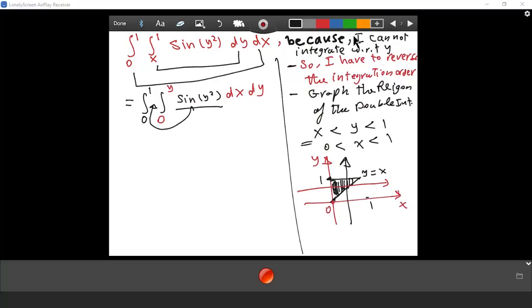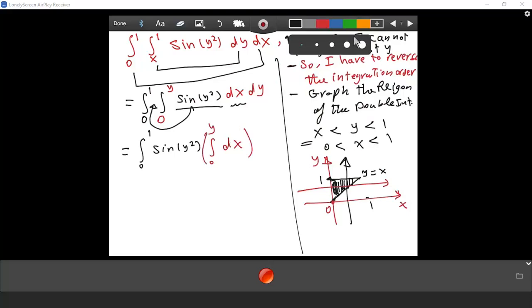So you have no problem with this one. So this one will be exactly from 0 to 1, and I get this sine y squared, okay? And then I'm integrating from 0 to y only for the x. After I finish this one, I go back to integrate with respect to y. Okay? What is the integration of dx? It is x from 0 to y, right?